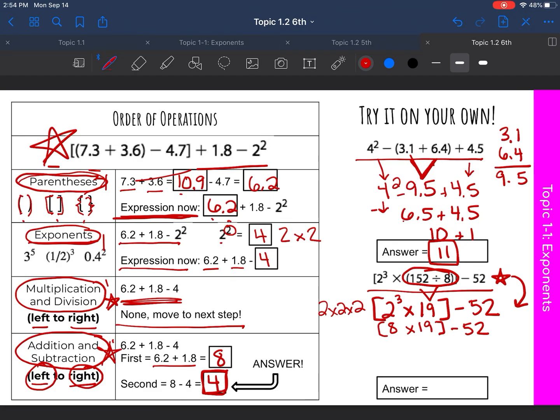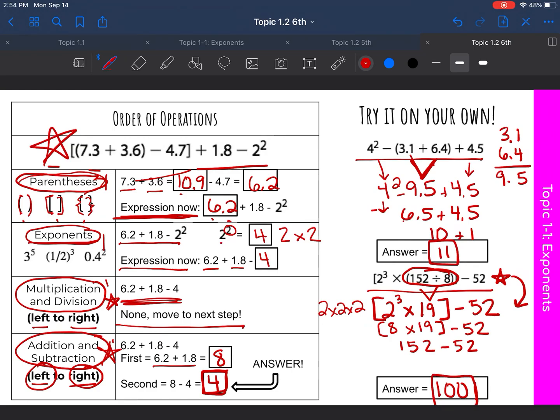Okay, so 8 times 19. If we do that multiplication, we end up getting 152. And then we rewrite the minus 52. Every step we rewrite. 152 minus 52. Oh, well, that is 100. And that is our final answer, okay?